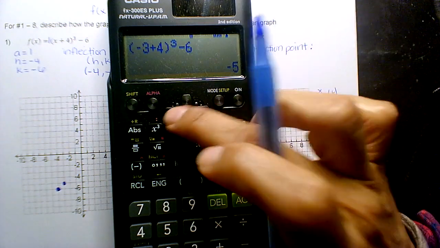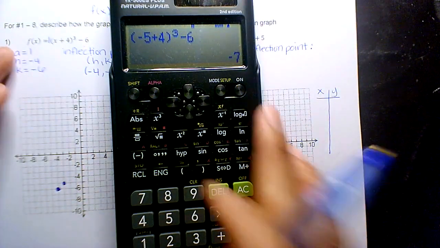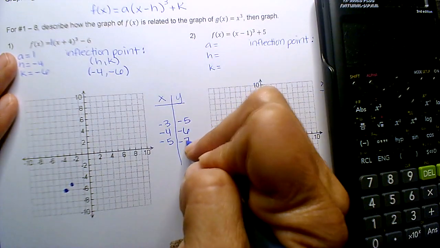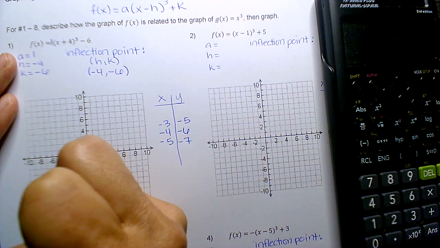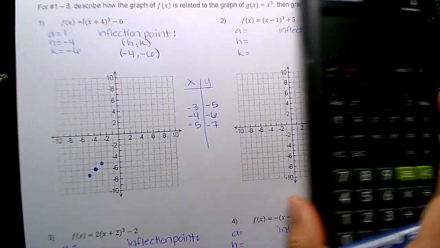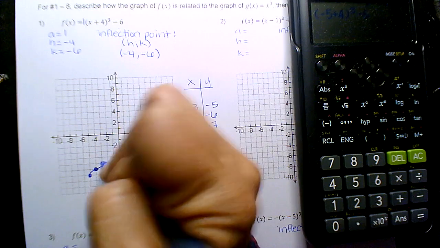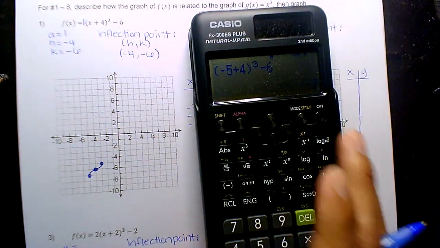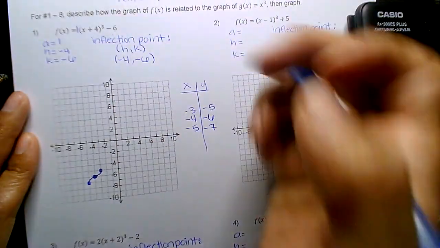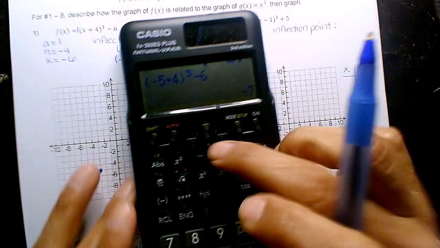And then let me plug in -5. And I get -7. And so it looks like a line, but it isn't. I'll get my phone and kind of show you. It flattens, it like does this. Okay, and then we'll go -2, -6.